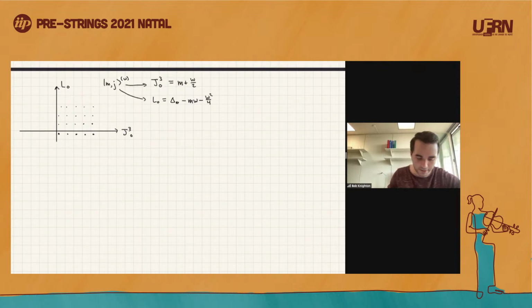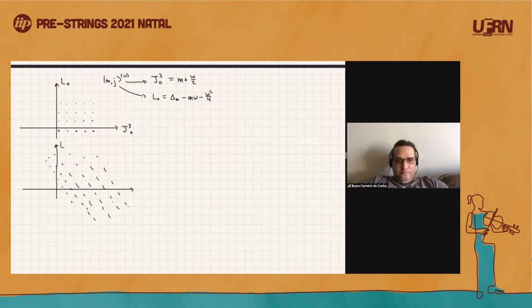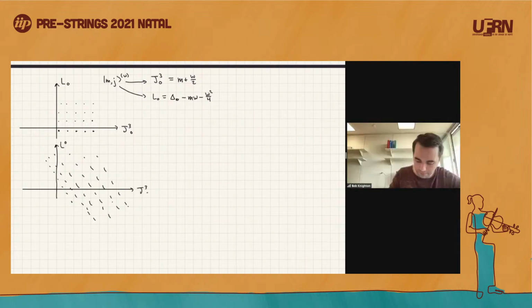Now if I consider the same representation, but spectrally flowed everything, I end up with a similar graph, except now it has a bit of a slant to it. It looks something like this, and I think this is roughly the picture you had in mind. The L0 eigenvalues are going to be unbounded from below. But whenever you take the physical state condition on the world sheet, you take L0 equal to 0.